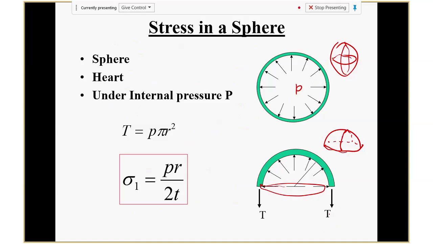So for a given radius, if you build a cylinder, the stress is going to be twice as high as if you build a sphere. In other words, a sphere gives you the best structure, as it minimizes the stress. All right, any questions?